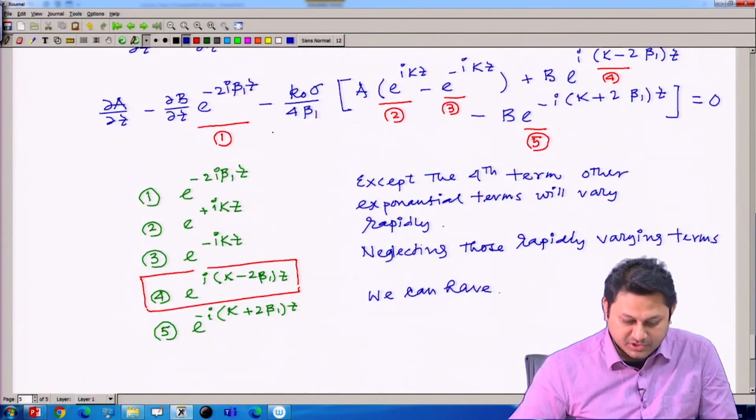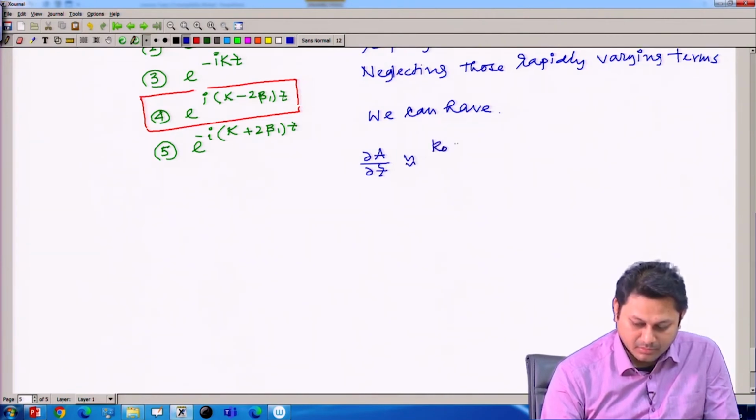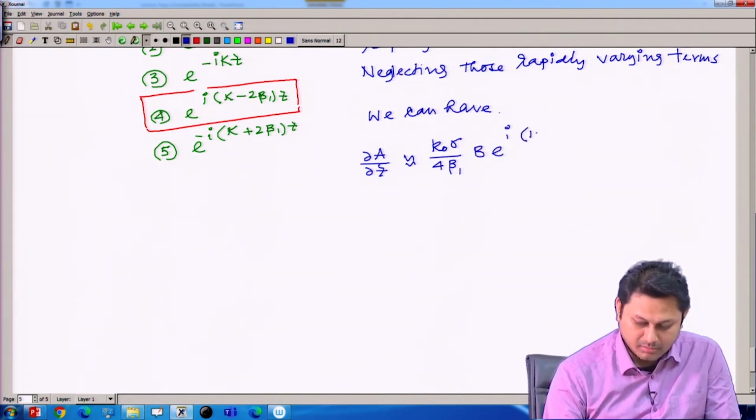a very simple expression, and that expression is dA/dz is nearly equal to k0 sigma divided by 4 beta 1, then B, the phase term e to the power of I (k minus 2 beta 1) z.